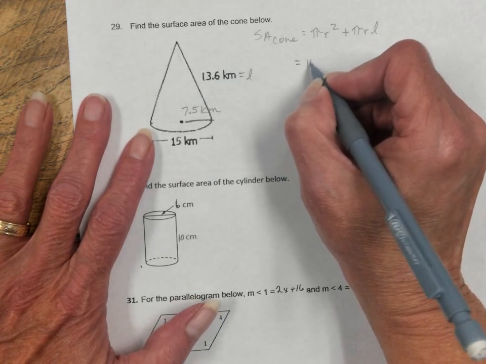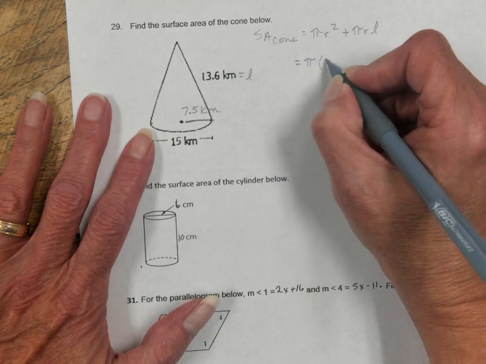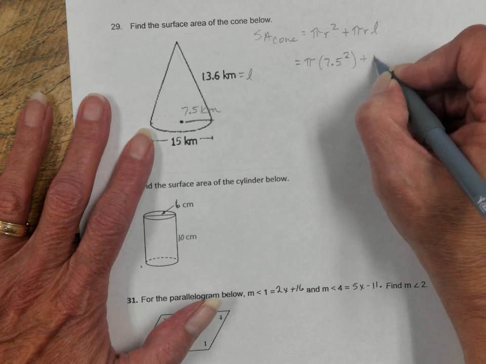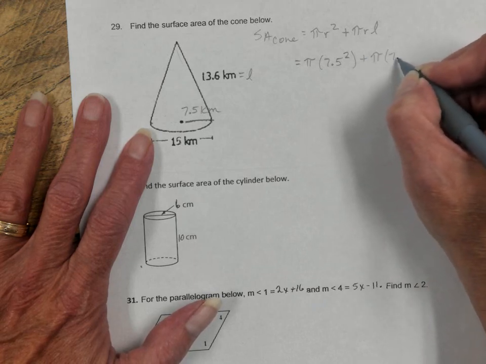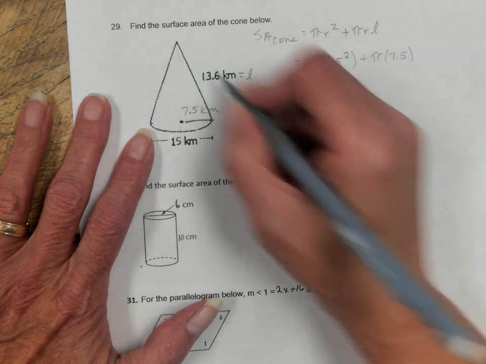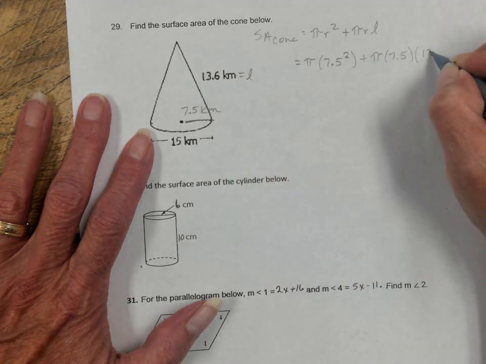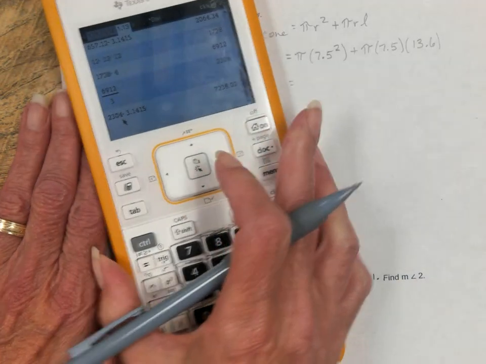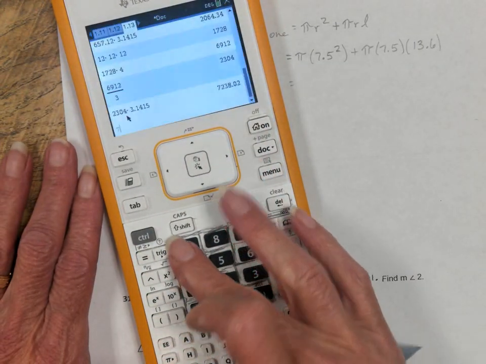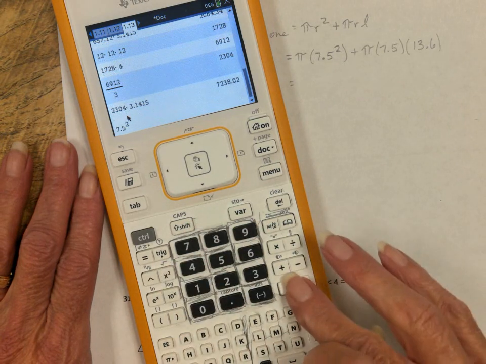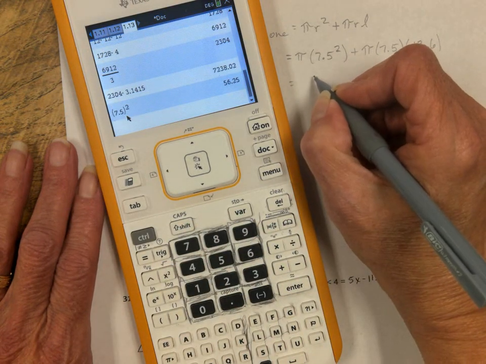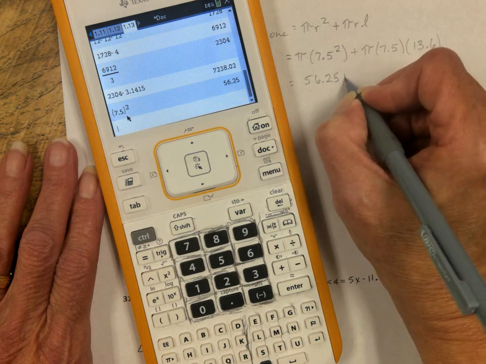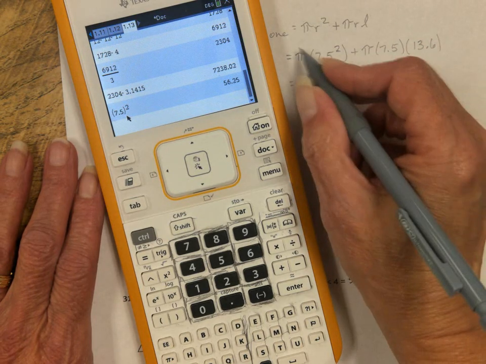All right, so pi times the radius, 7.5 squared, plus pi times the radius, still 7.5, times the slant height of 13.6. All right, I can do some calculations now. 7.5 squared is 56.25. Haven't done anything with pi, it is still being multiplied.